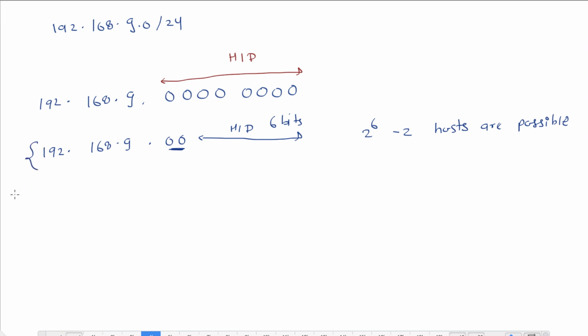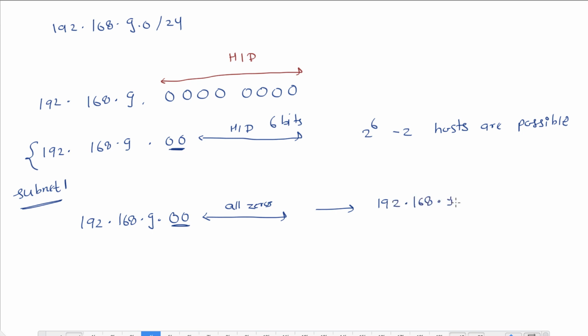So this is your first subnet, subnet 1. In this subnet 1, you have hosts ranging from 192.168.9.0 0 0, this is fixed, and then all zeros, to 192.168.9.00 and then all ones, which means 192.168.9.0 to 192.168.9.63.